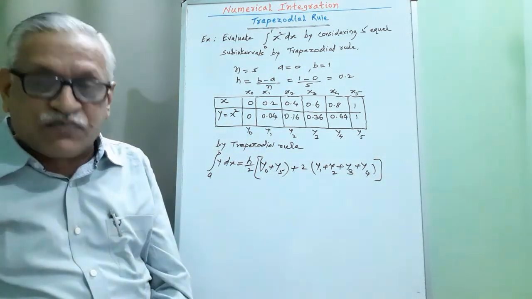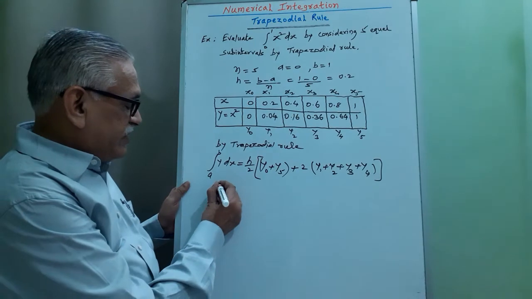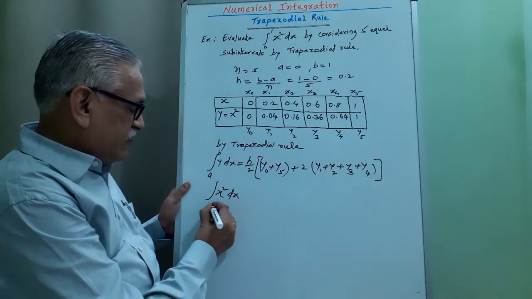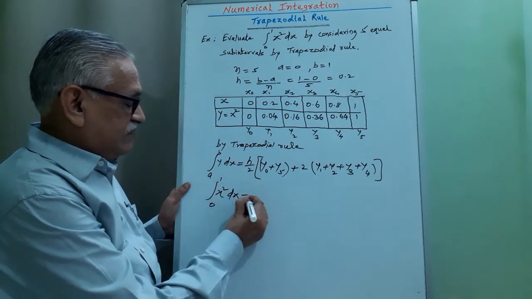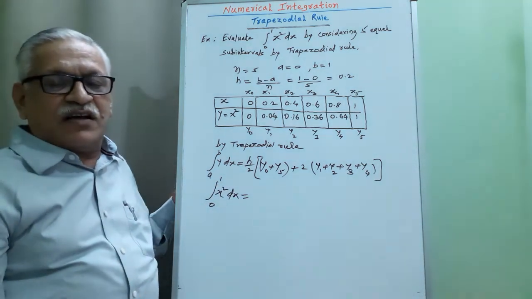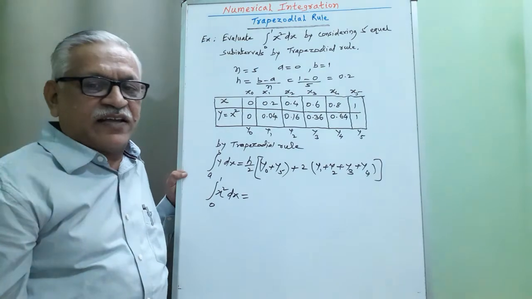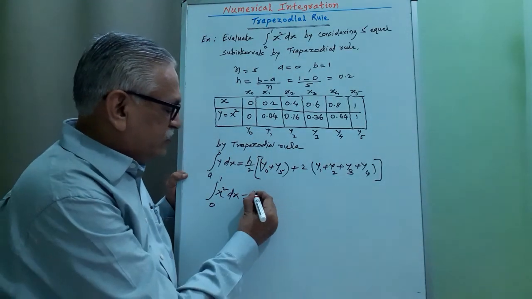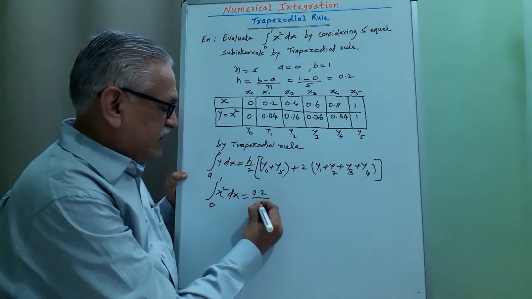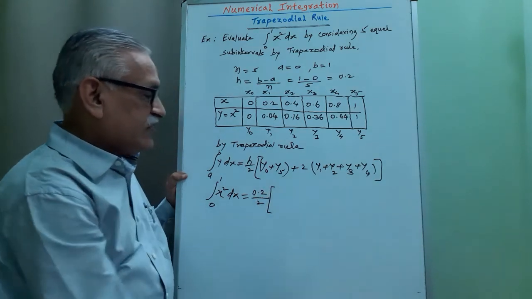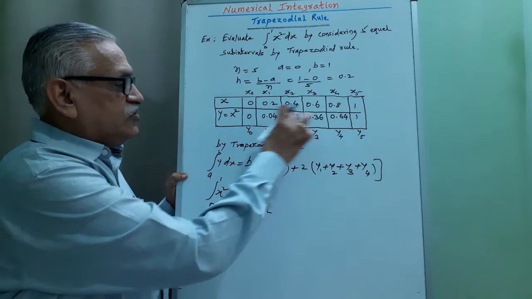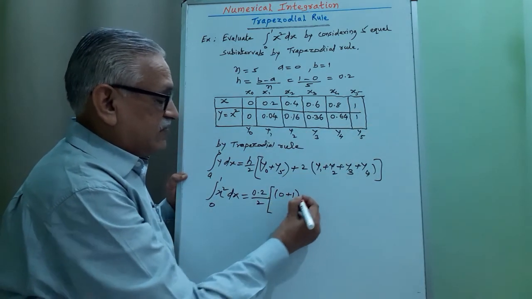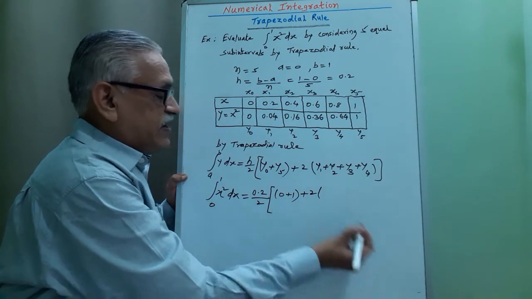And then we substitute the corresponding values. Therefore, integration of x square with respect to x between limit 0 to 1. And after obtaining the value, we compare with the exact value of this integration. Here h is 0.2 divided by 2. y0 plus y5, 0 plus 1, plus 2 times remaining values.